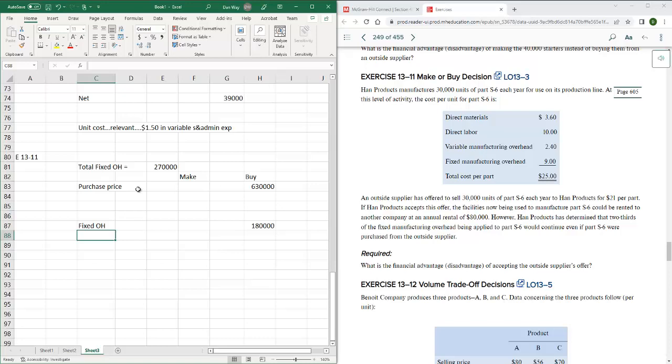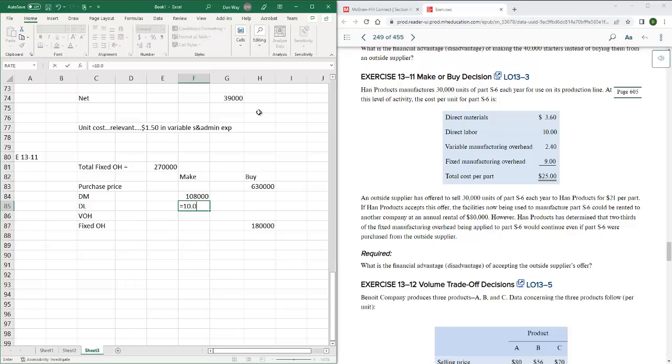Okay, let's figure out what some of these costs of making are. We would still have direct materials, we'd certainly incur direct labor, and we'd incur some variable overhead, and then we'll see if we're missing any in just a minute. Direct materials was $3.60 a unit, and we're talking about making 30,000 units every year, so a total of $108,000.